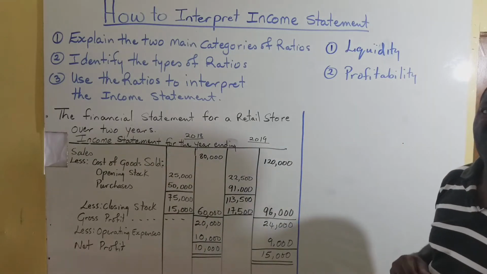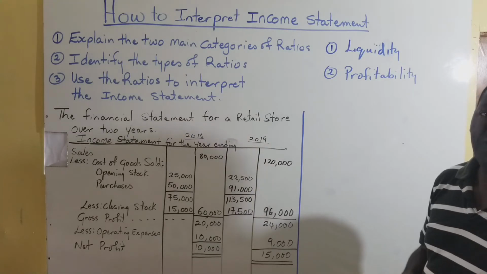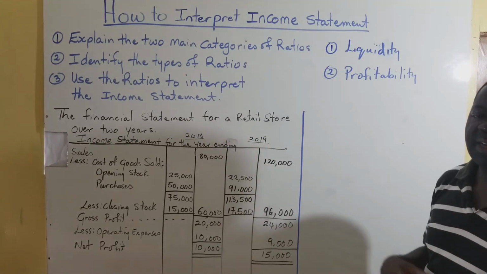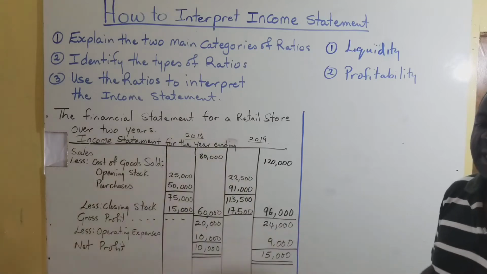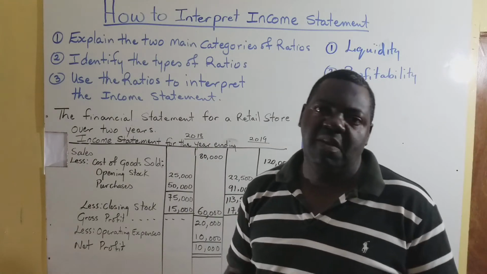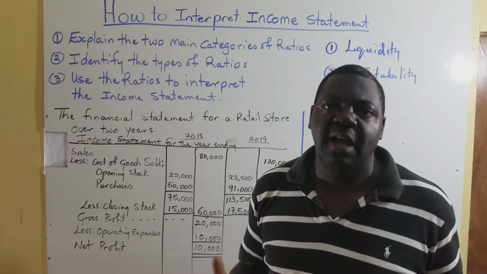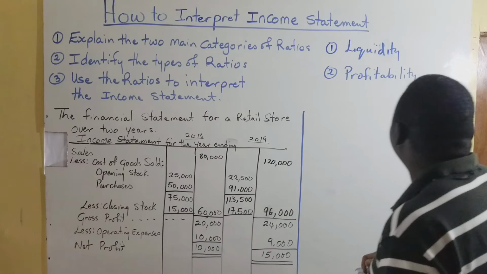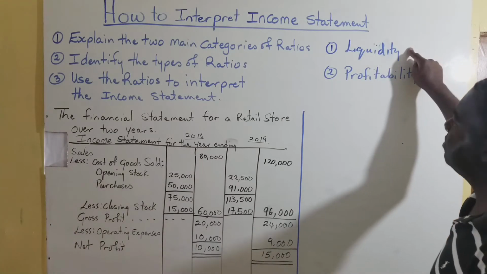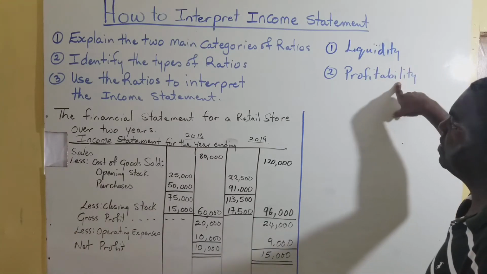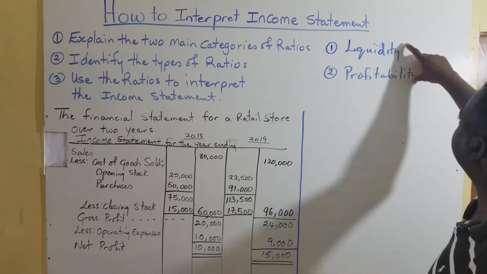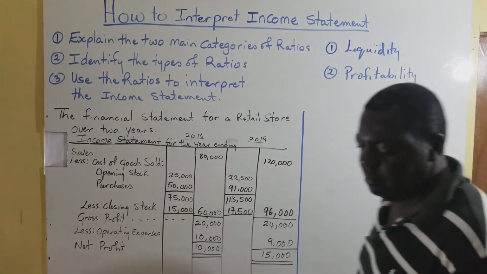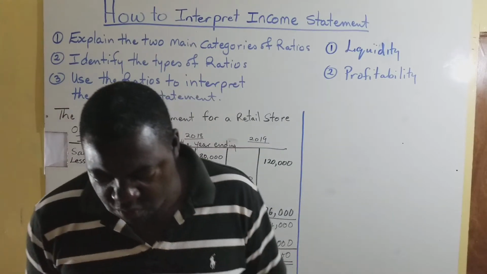Profitability speaks to what extent the business is really earning sufficient to satisfy the shareholders, the directors, or the owners. To what extent are they getting sufficient return on their investments? So we have liquidity ratio and profitability ratio. Those are the two main types of ratios that are used.